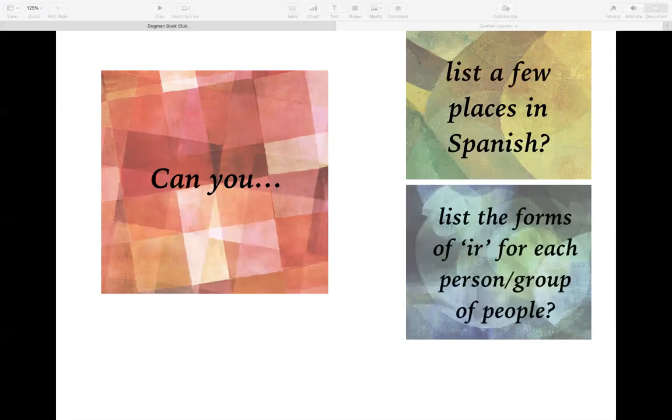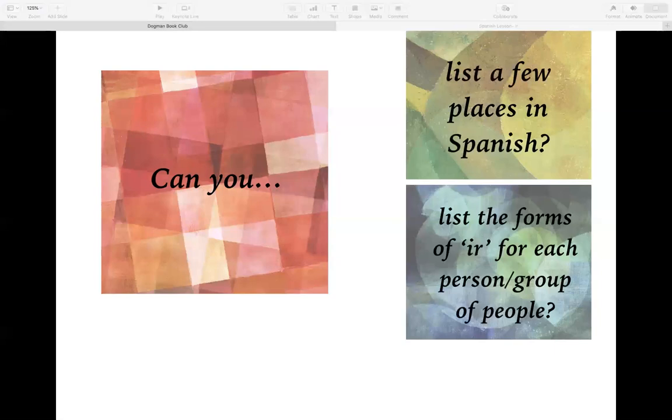Can you list the forms of ir for each person or group of people? So for yo, voy. What about for tú? Vas. Él, ella, usted. Va.